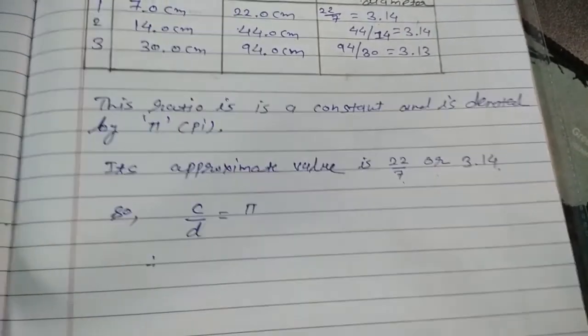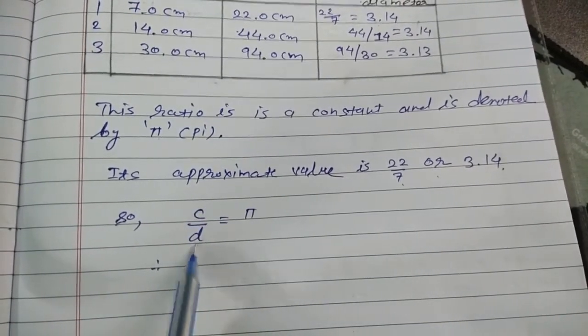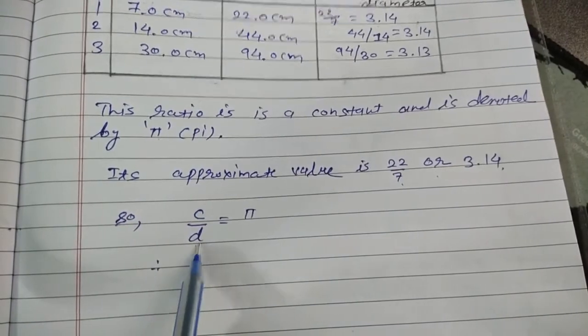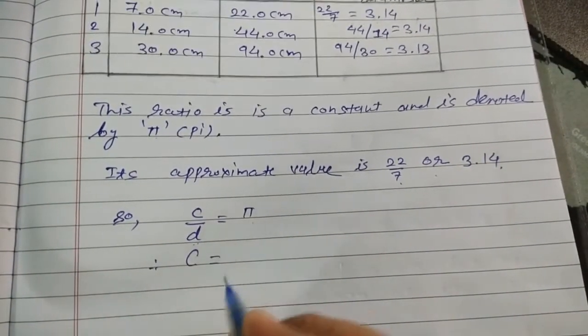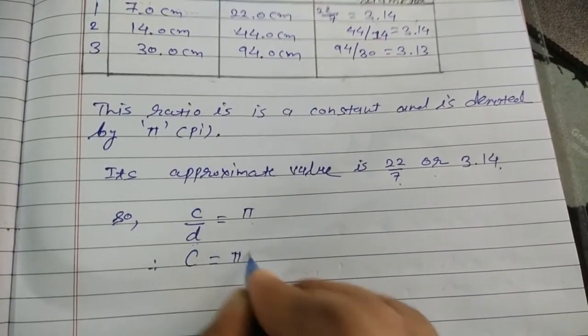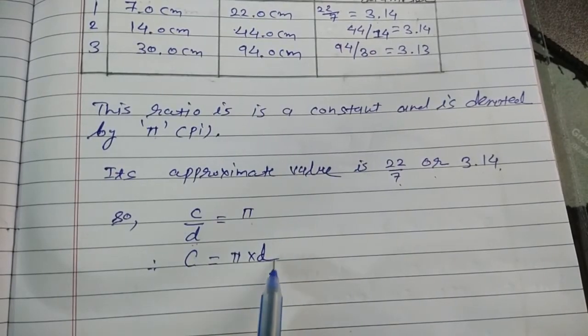So we can write circumference C divided by diameter, that is the ratio of circumference to the diameter, is equal to pi. And therefore circumference is equal to pi multiplied by d. And what is d?